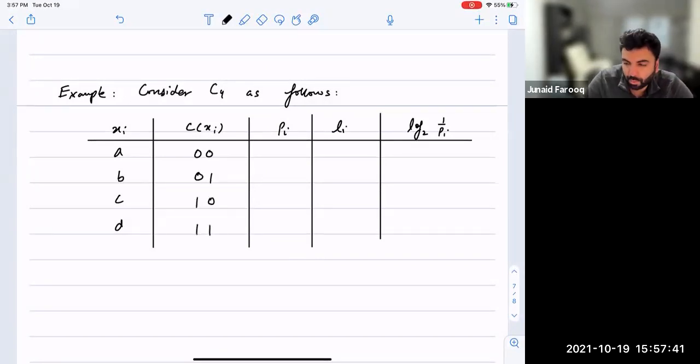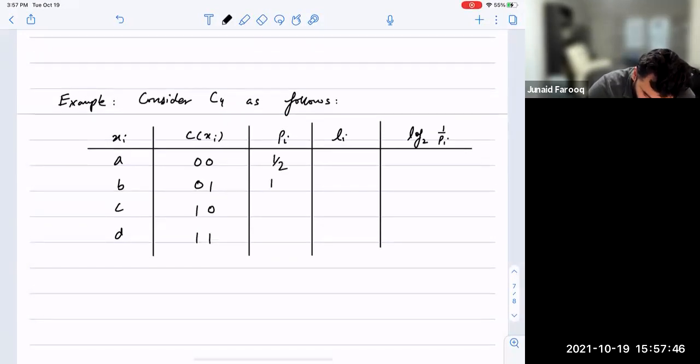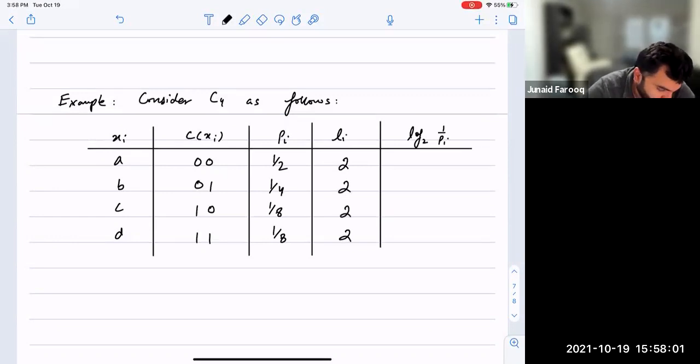So this is the standard binary encoding. So using the same probabilities, 1/2, 1/4, 1/8, 1/8. Now if you look at the lengths, we just have a length of 2 bits for all these symbols. And if you look at the information content this time, that turns out to be 1, 2, 3, and 3, because that depends on the probabilities only.